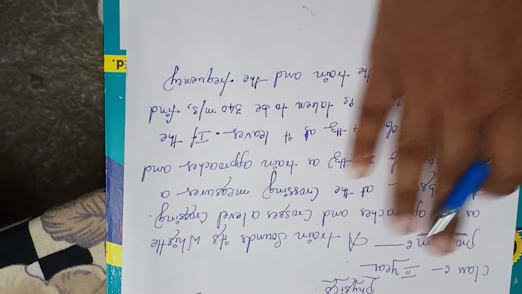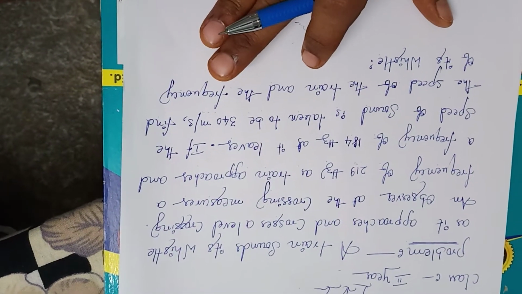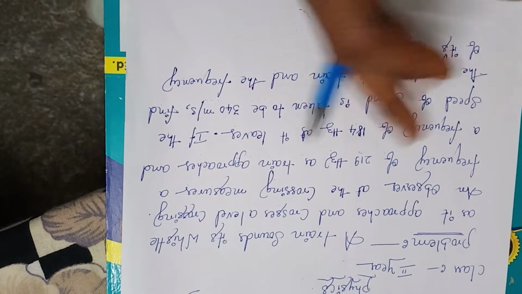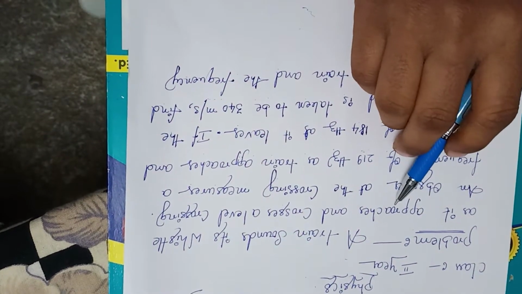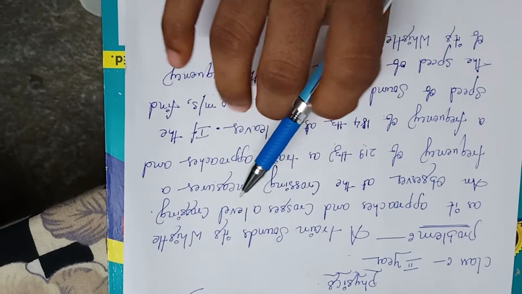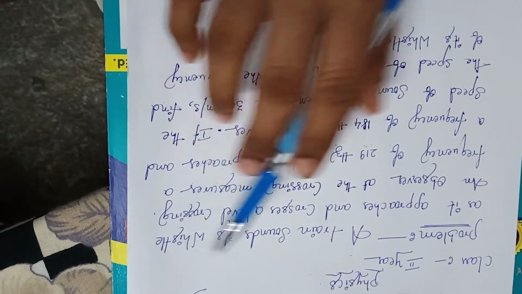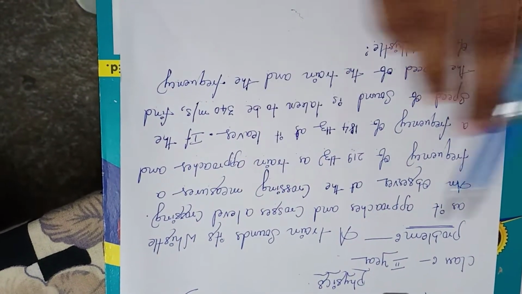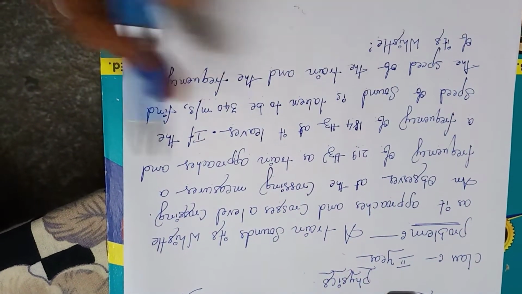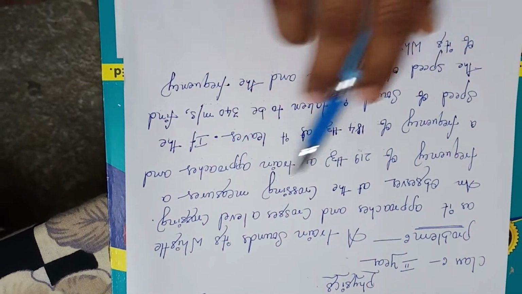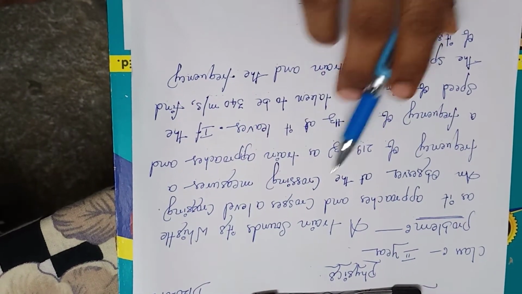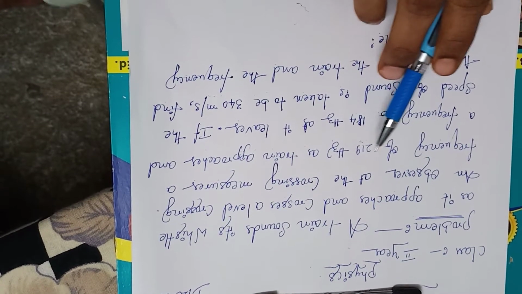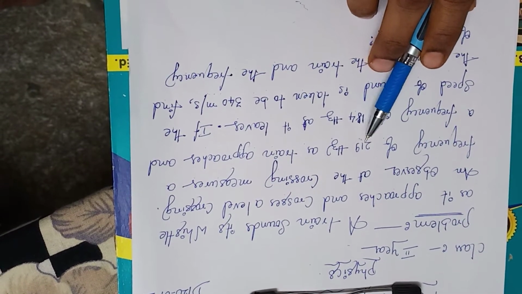Now I will tell the meaning of this problem. The train sounds its whistle as it approaches, and crosses means it leaves, going away from there. When approaching, the frequency of sound at the observer is 219 hertz.